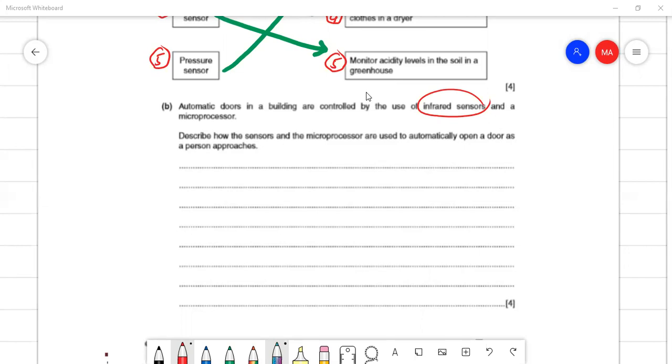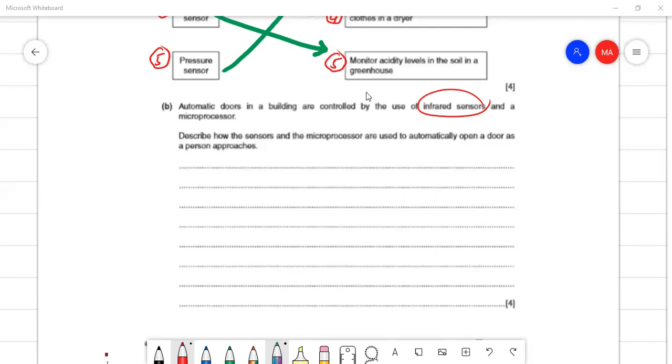Then it checks the range, the nominal range. If the range is within the nominal range, then the system is working properly. If the received range from the sensor is not within the nominal range, then the sensor will generate an alarming signal and send the signal to a microprocessor.